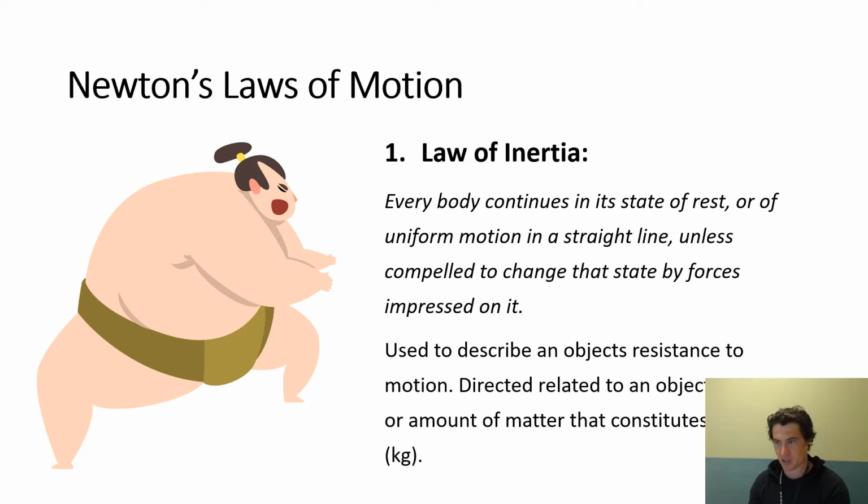So I've got a picture here of a sumo wrestler. Lots of mass, plus the acceleration of gravity pulling down on a big mass, means that a sumo wrestler is hard to move. The rules of sumo wrestling are that if you can push your opponent out of the ring, then you'll be successful.